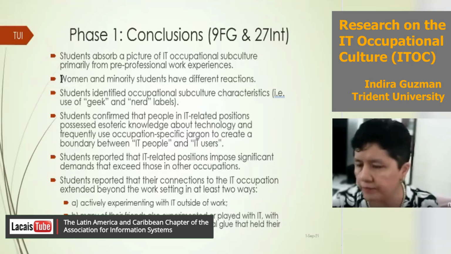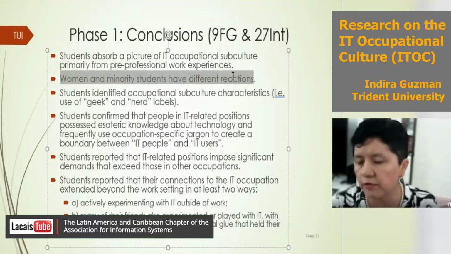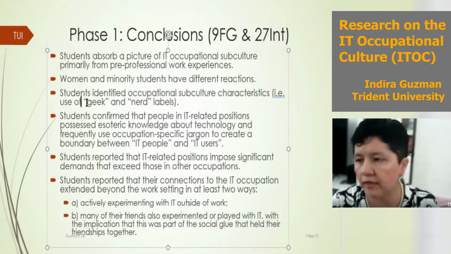Another was that there were some differences in terms of women and minorities. I think there has been an evolution of the labels, but it's interesting how this kept coming up.